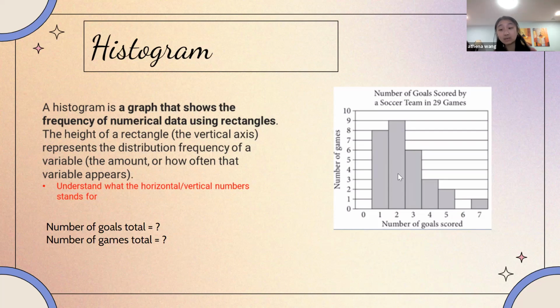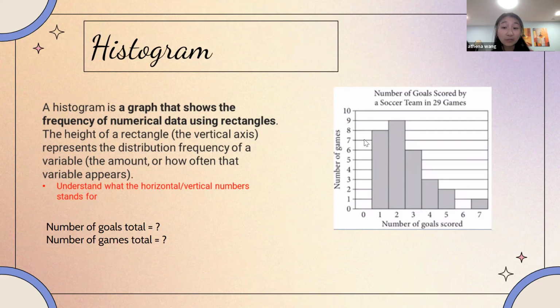In 9 of these games, 2 goals were scored. So the total number of goals scored would be the value on the y-axis times the value on the x-axis, and then we add up all of the areas of these rectangles, and that is the total number of goals scored.